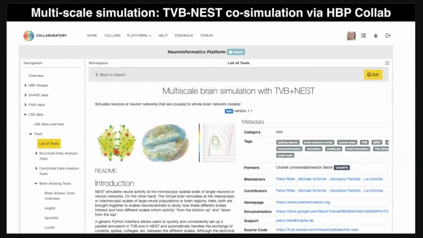In this proof of concept, the user can, in a Jupyter notebook that is made available, set up different types of connectivities or connections between the TVB simulator and the microscopically detailed networks that are simulated with NEST. The simulation then happens in parallel. Each time step is integrated in TVB and in NEST separately, and then the output is coupled.